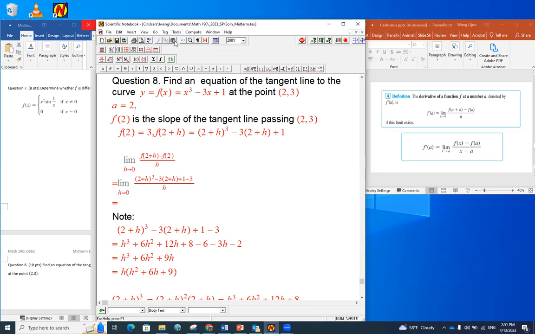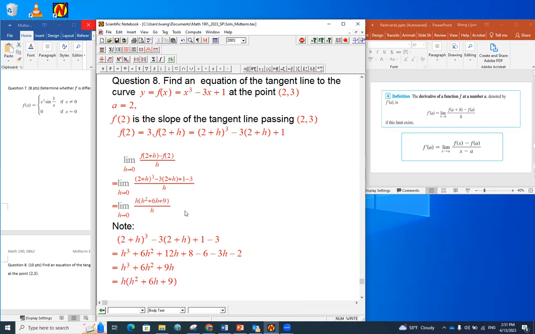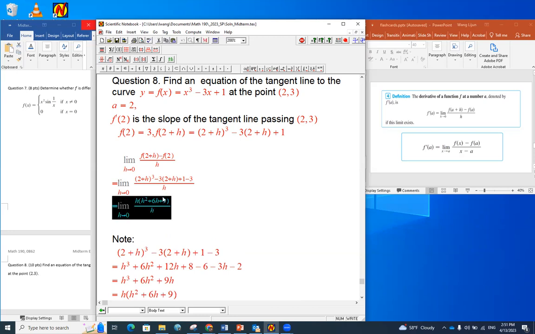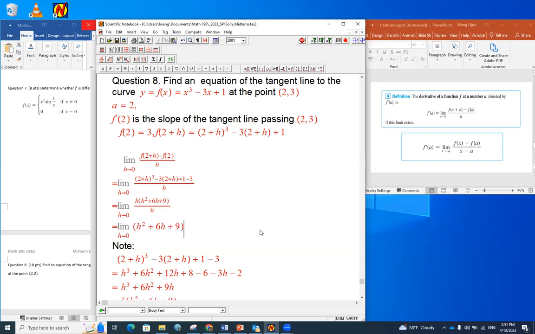So we just bring this back in. The denominator is h and the numerator, we have this piece. h and h reduce, so we're going to end up with something like this piece.